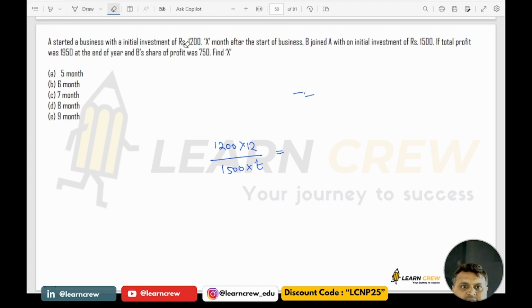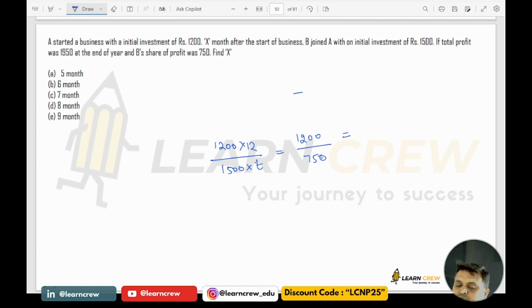B's profit share is 750, so A's profit share would be the remaining 1200.